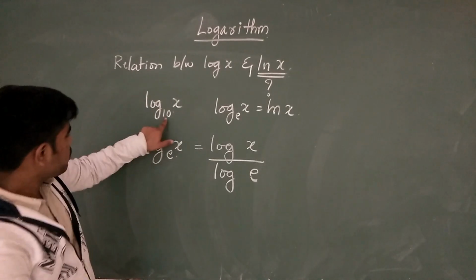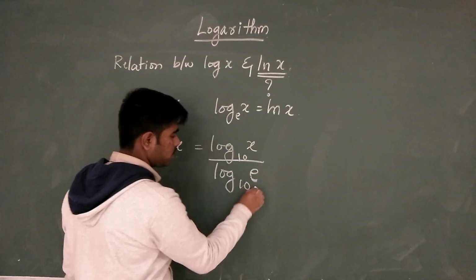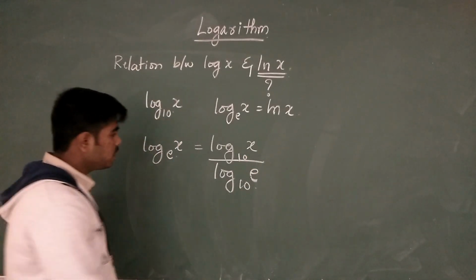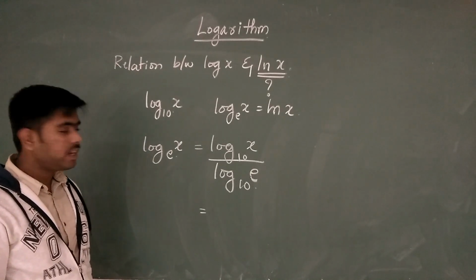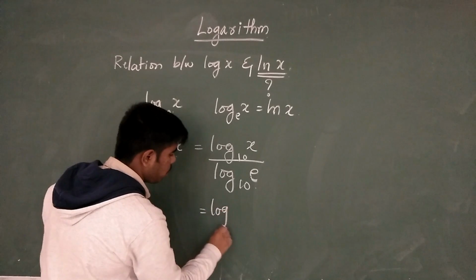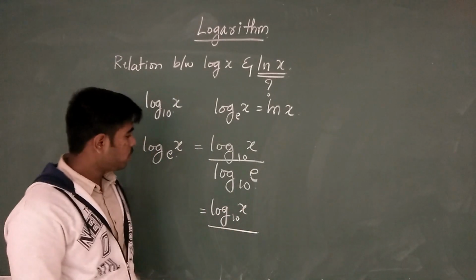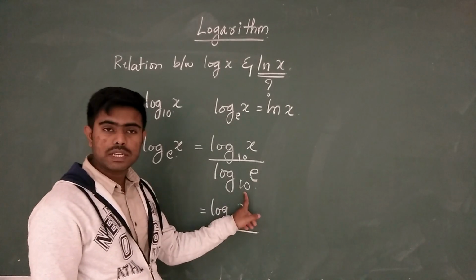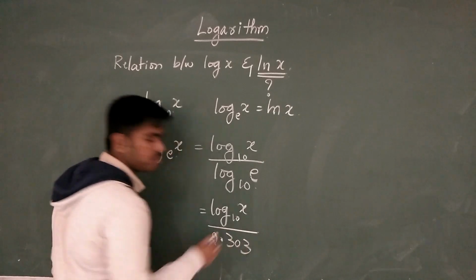But as I want the base 10, I can keep the base 10 here. So this is equal to log of x to the base 10 divided by, what is the value of log of e to the base 10? This is nothing but 2.303.